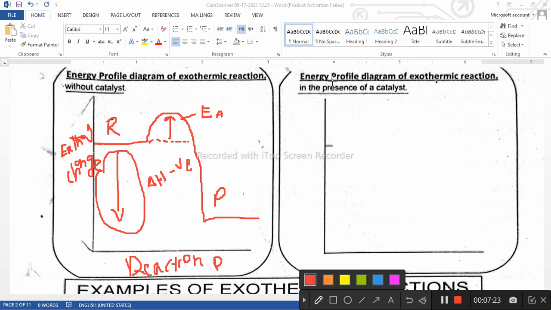Okay, here we have energy profile diagram of exothermic reaction in the presence of a catalyst. This is exactly the same axis as here. Reactants also will be here, and here will be the products.